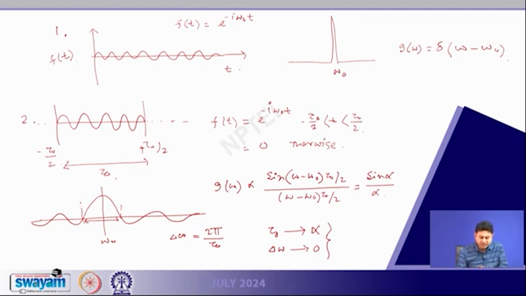If we have a finite coherence time, then in the source there is a frequency distribution. So omega naught is not only omega naught, it is omega naught plus 2 pi divided by tau naught, and omega naught minus 2 pi divided by tau naught on the other side. So we have a span.